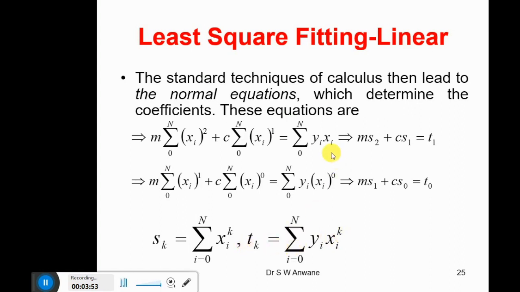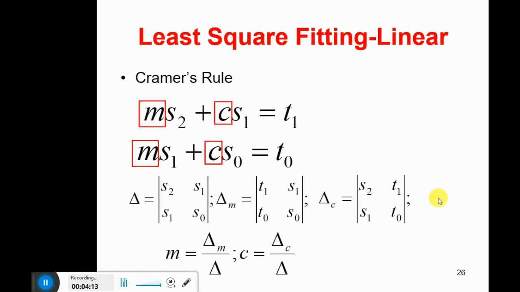So here xi to the power 1 will give us t1. So this is a tricky thing we are doing here to write normal equations, and the second equation will be m s1 plus c s0 equals t0. These are now two equations to be solved for m and c simultaneously.